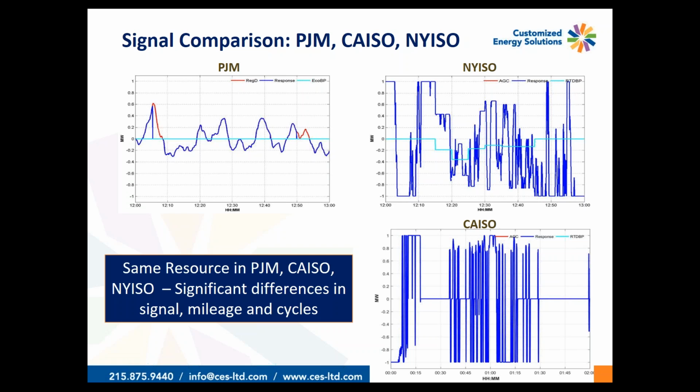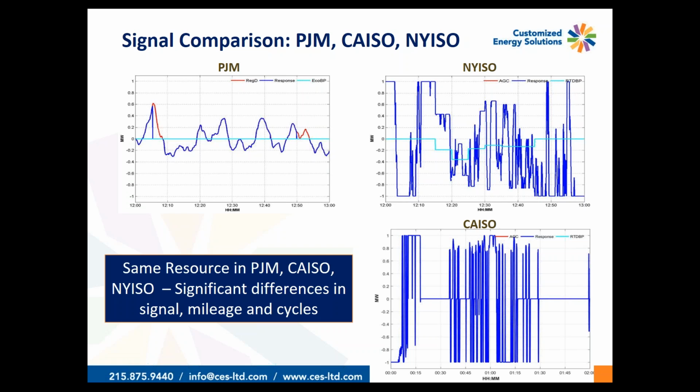So this is an example of different signals, and these signals are either 2 second, 4 second, or 6 second, that kind of frequency. So there is a lot of data to handle, and Erik will explain some of the operational difficulties of managing such assets. And as you can see, the different market signals look quite different from each other.